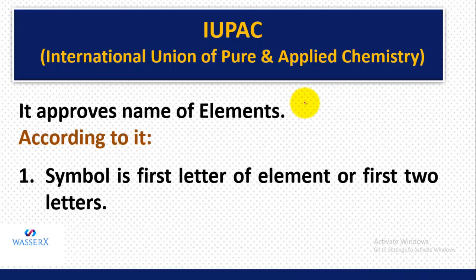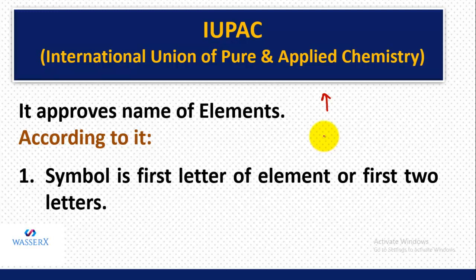There is an organization which assigns the names to the atoms, or you can say it approves the names of the atoms of an element, or assigns names to compounds. In this chapter, at this moment, we are studying elements, or you can say atoms. So what are the rules to assign the names to the atoms of an element?